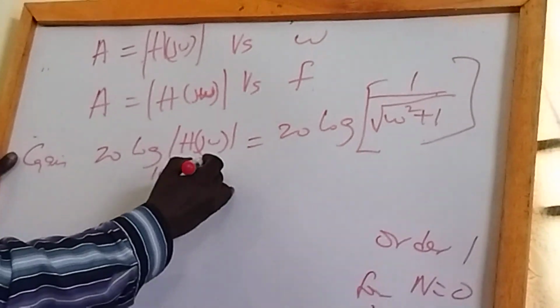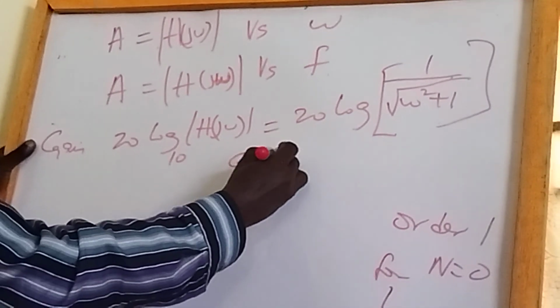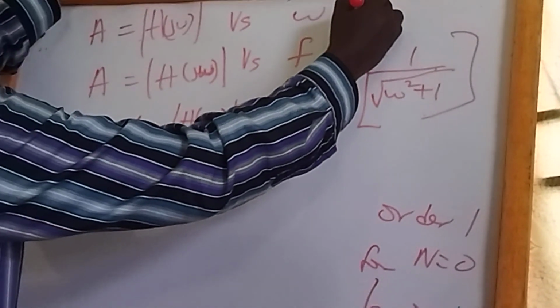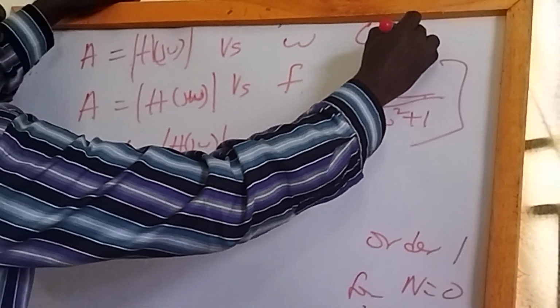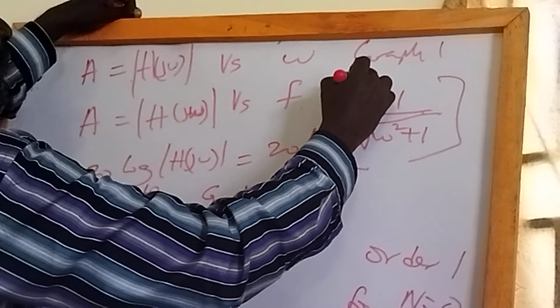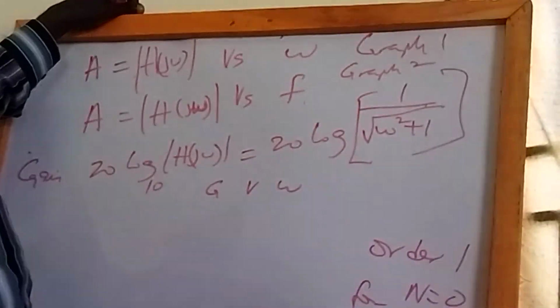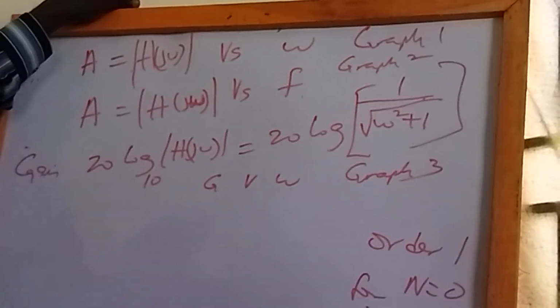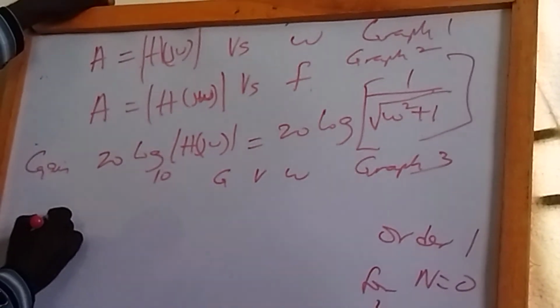In this case, we are plotting gain versus omega. This is graph 1, graph 2, and this will be graph 3.